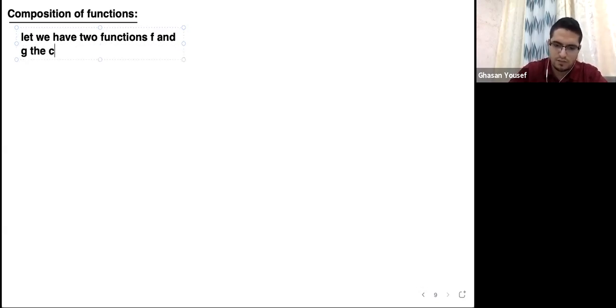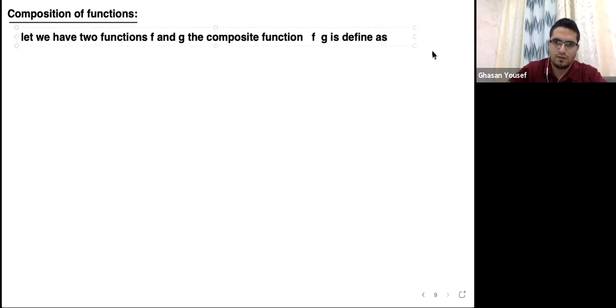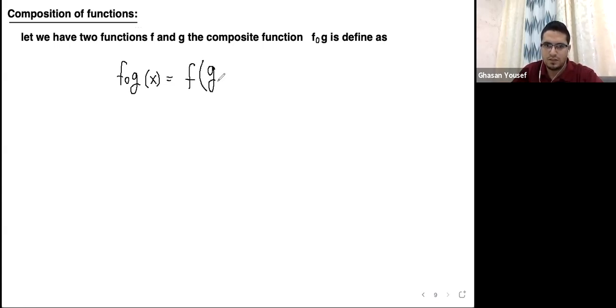The composite function f circle g is defined as f circle g of x equal f open parentheses g of x.